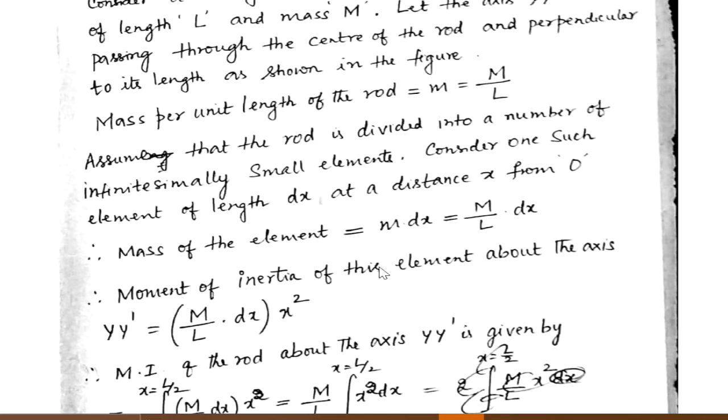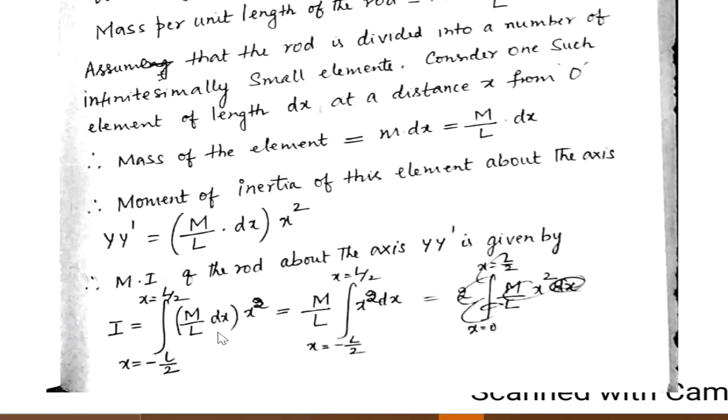Therefore, moment of inertia of this element about the axis y dash is mass into square of the radius of gyration. So mass is M by L into dx, into radius of gyration is x, that is x square. Therefore, moment of inertia of the rod about the axis y dash is given by integrating the above term between the limits x is equal to minus L by 2 to x is equal to plus L by 2.